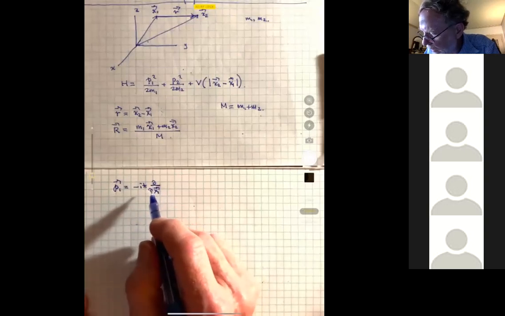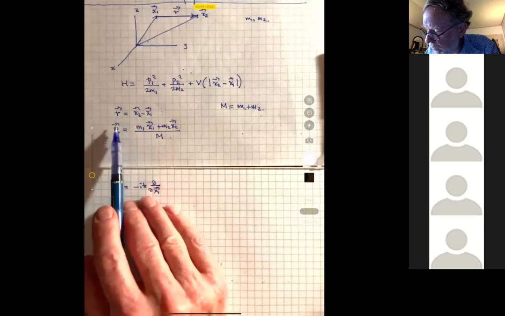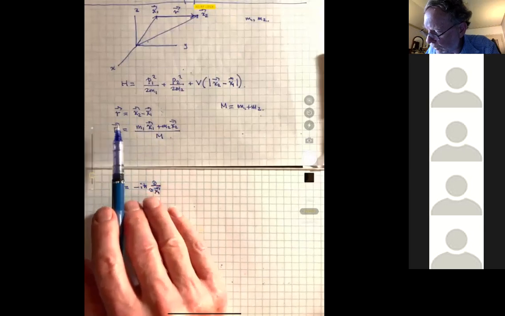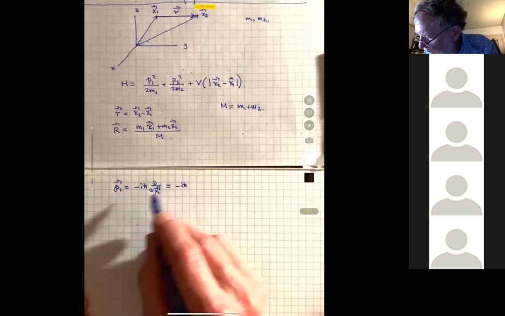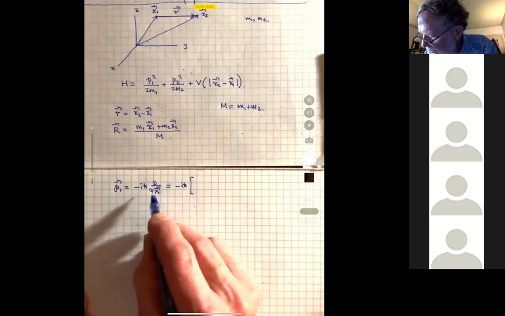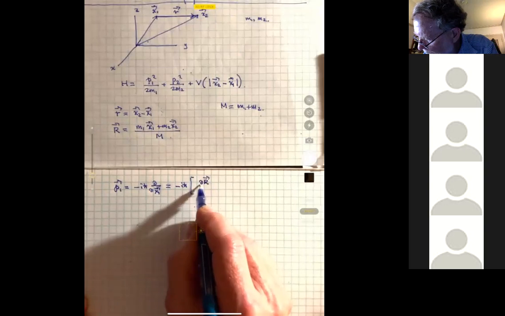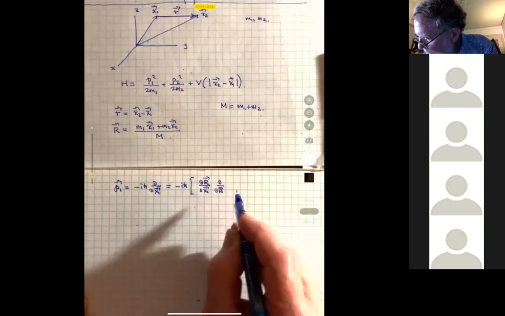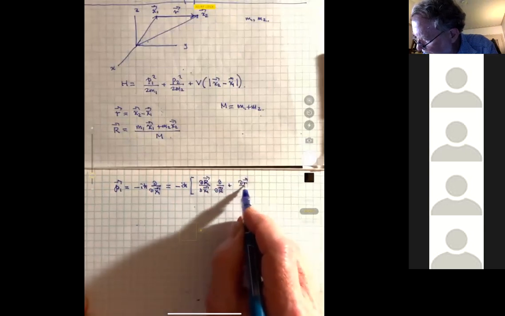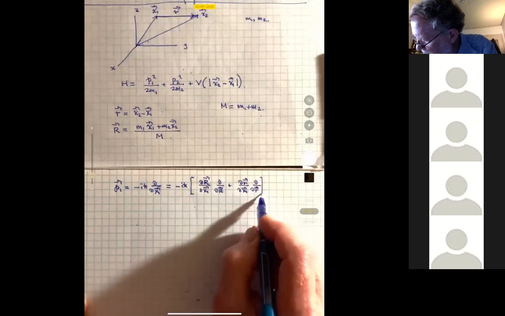Now, on the other hand, x1 is a function of big R and small r. We can get that by inverting these equations and solving for x1 and x2 as a function of big R and small r. So by the chain rule, I can write this as minus i h bar, which I'll factor out, and this derivative d/dx1 is the same thing as the partial of big R with respect to x1 times partial with respect to big R, plus the partial of small r with respect to x1 times partial with respect to small r, like so.